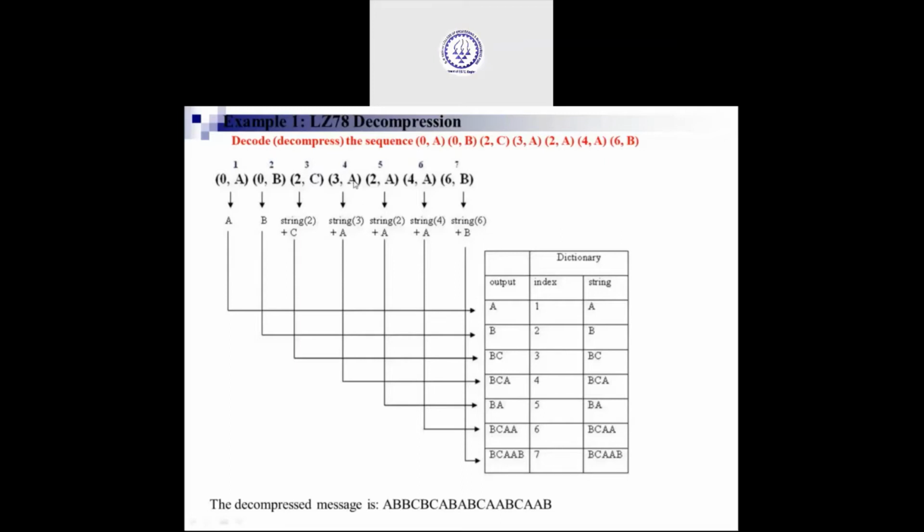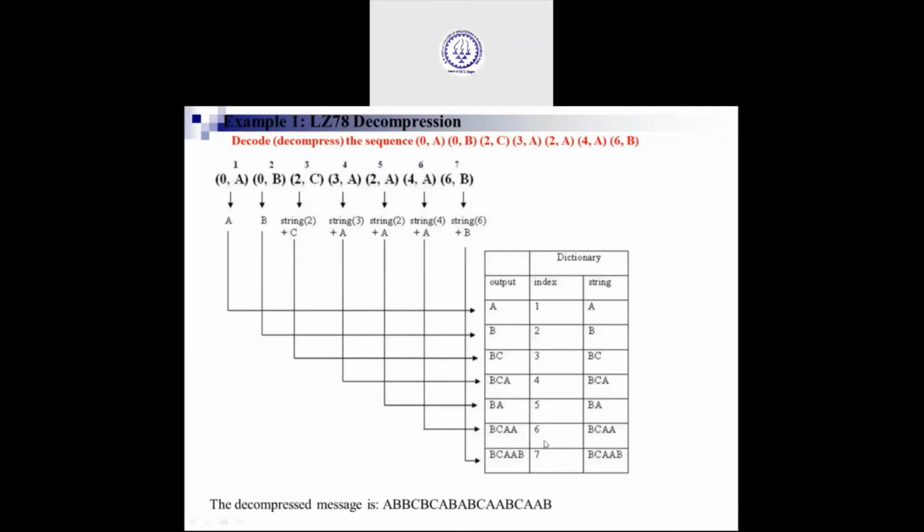Similarly, for the fourth, A is my innovative bit, which is copied down here as A, and for A, 3 is the index. For index 3, BC is the value, which is copied down here as BCA, and I get my output as BCA. The same pattern gets applied similarly for all the codes. For the last, B is my innovative bit, which is copied down here. 6 is the index associated with B, and 6 is the index of the string BCAA.